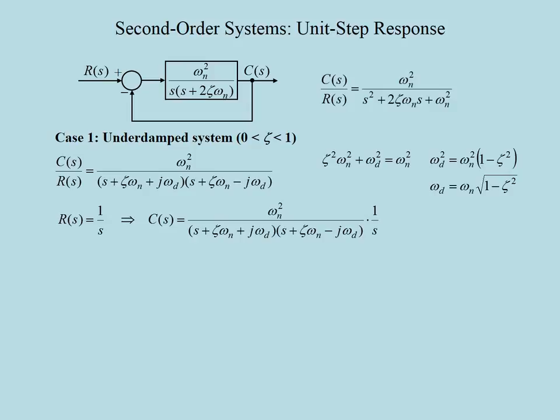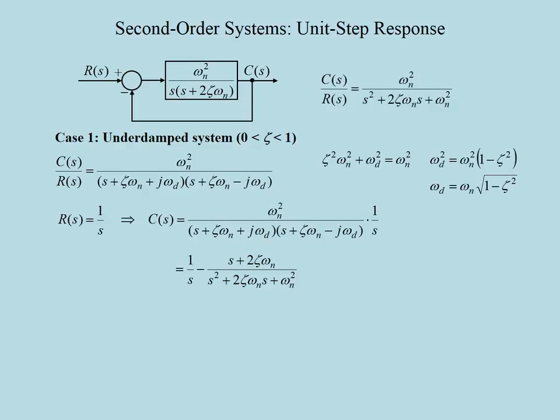To take the inverse Laplace transform, let us first apply a partial fraction expansion with 2 fractions, one having the denominator s and the other one with the denominator of the second order polynomial of our transfer function.